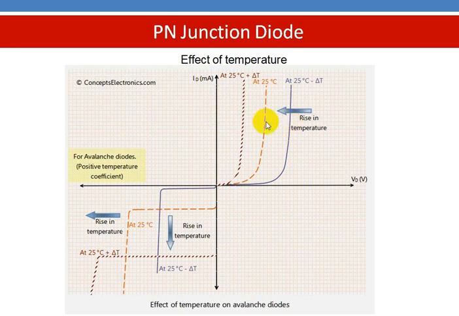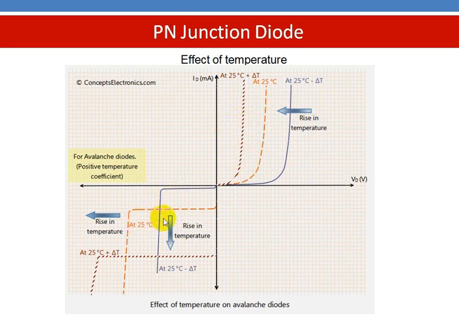So as compared to 25 degrees centigrade, for lower temperatures the voltage drop is found to be larger for the same current. If the temperature is increased, we find that the curve moves closer to the vertical axis. It implies that the forward voltage drop is getting reduced.